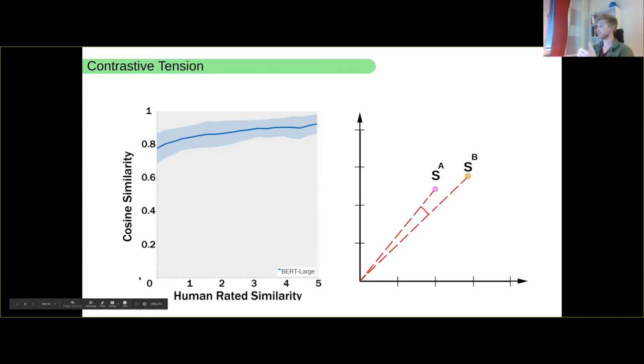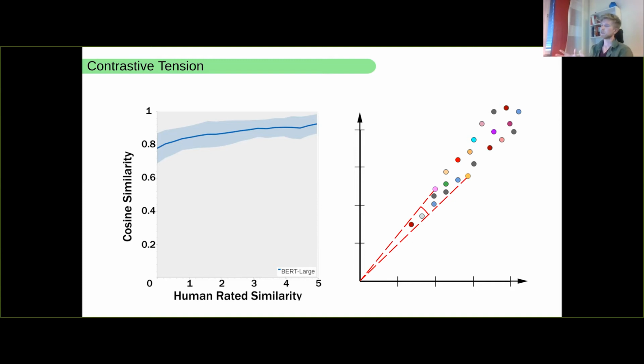However, when we run these through the un-fine-tuned BERT model, we find that all of these embeddings have a somewhat high cosine similarity. And what this implies is that more or less all of these embeddings end up in a very narrow span of the potential embedding space.